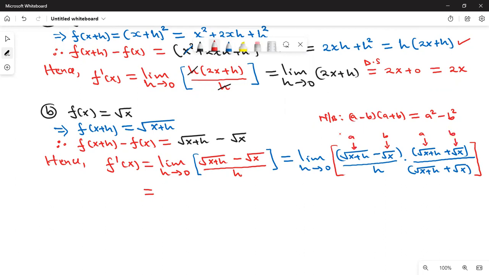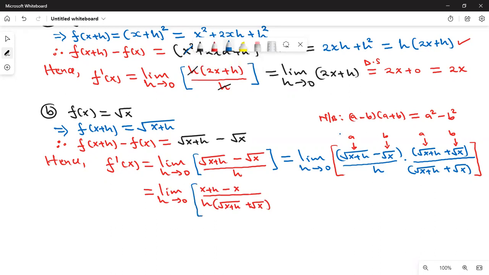So we are going to square a, that is x plus h, and then also square b, you get x. So this will now be the limit as h approaches 0 of a squared, x plus h, minus b squared, which is x, over denominator h into the square root of x plus h plus another root x. That's what we have.